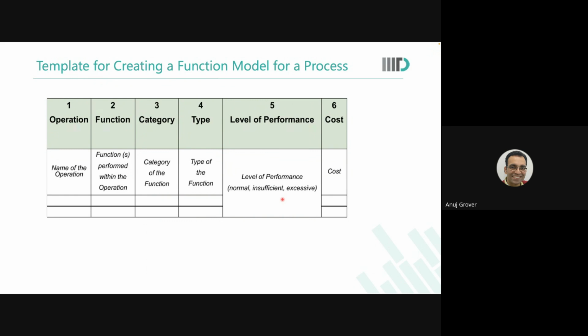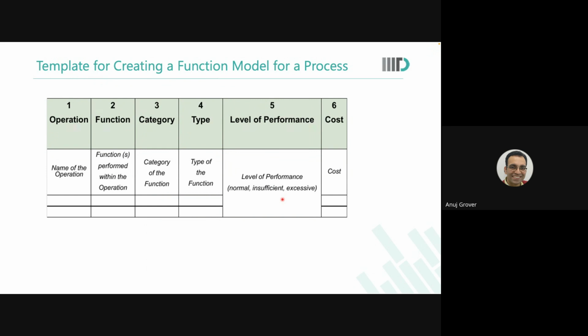Now, see, we had this one table for writing functions for products. That table had things like what is the component name, what is the function, what is the object, whether it is a harmful function or a useful function, and what is the level of performance of the function.